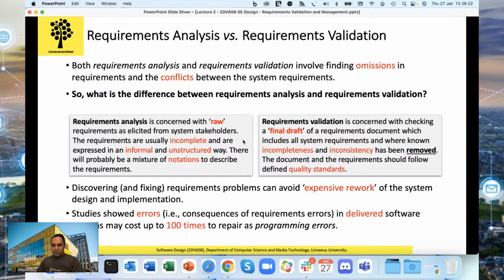And if you want to correct any errors in your requirements that are already developed, under development, or delivered, then the cost could be up to 100 times more than if you identify the errors in the requirements or in the requirements document in the early stages, like in the requirements analysis phase or in the requirements validation phase.